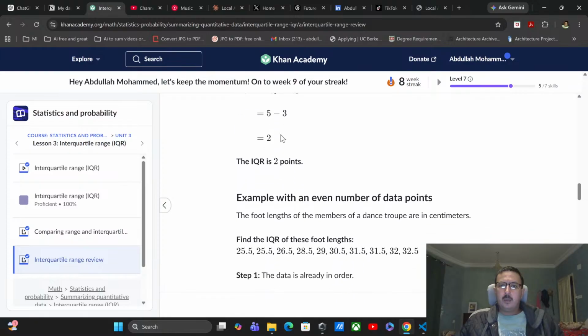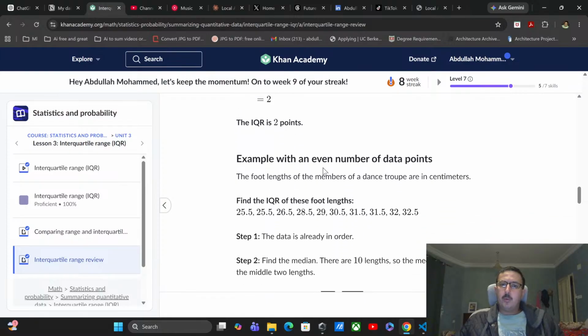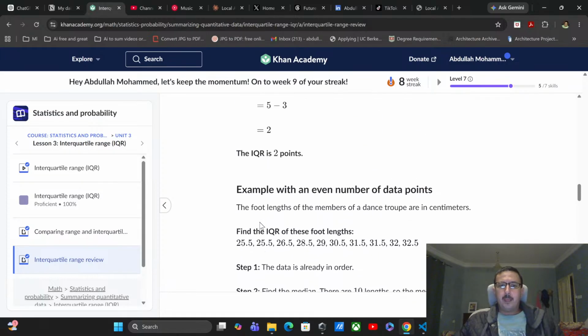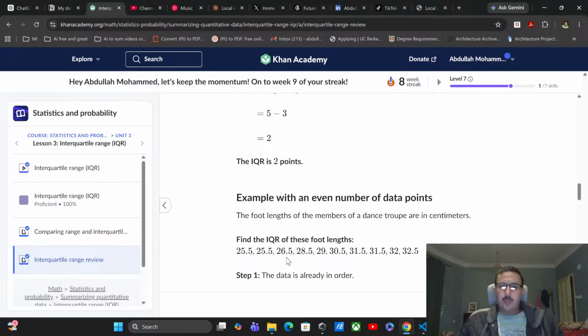Example with an even number of data points. 1, 2, 3, 4, 5, 6, 7, 8, 9, 10. So now 1, 2, 3, 5. I got 5. So this is the median. So what are we having? 5 here and 5 here.